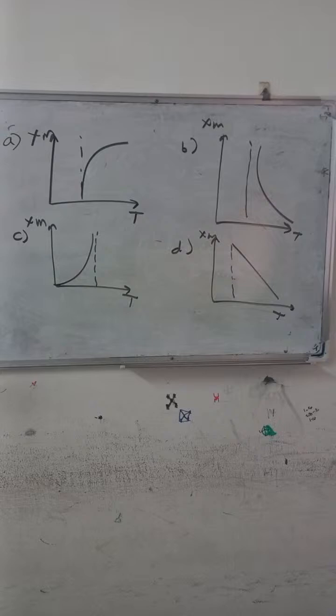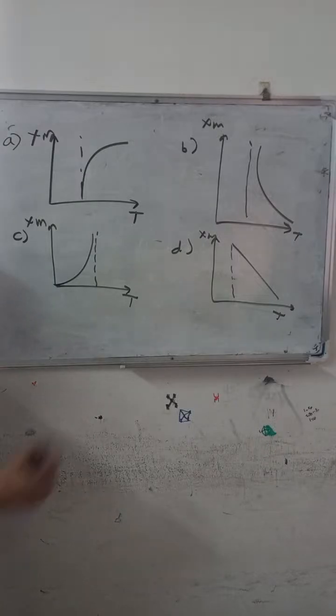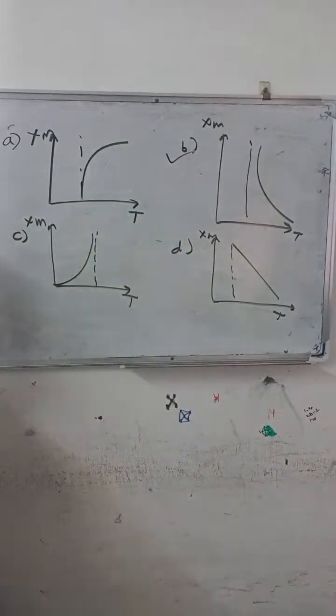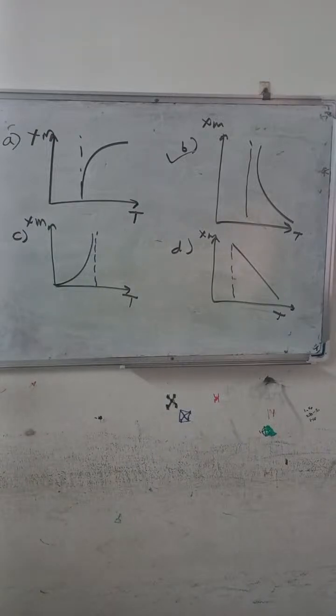Here we have the ferromagnetic material, and susceptibility decreases as the temperature increases. So option B is the correct option over here. Can you get this? Okay, so tick mark the option.